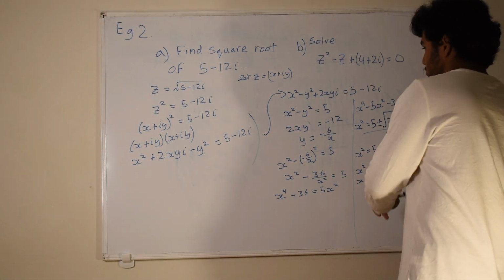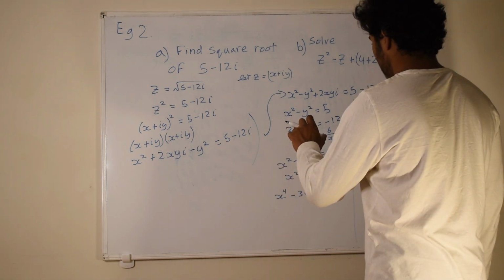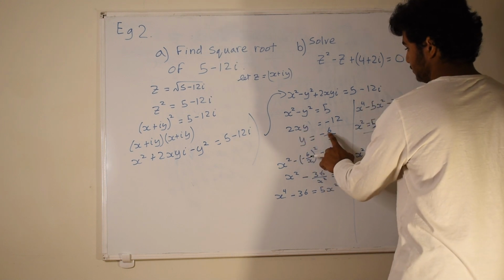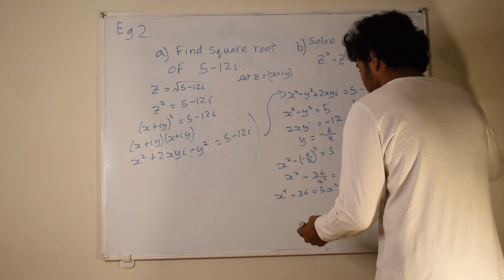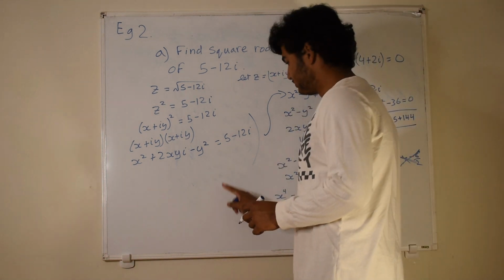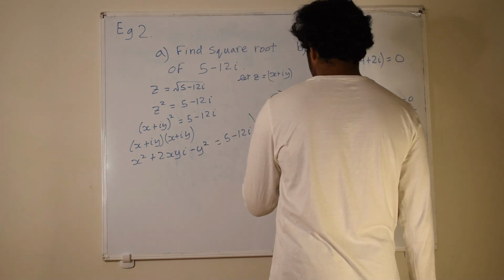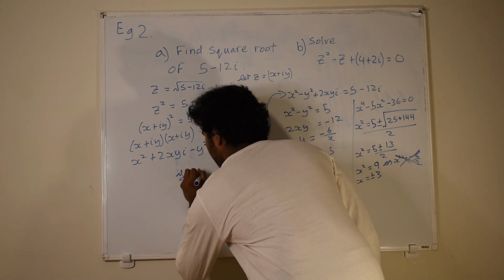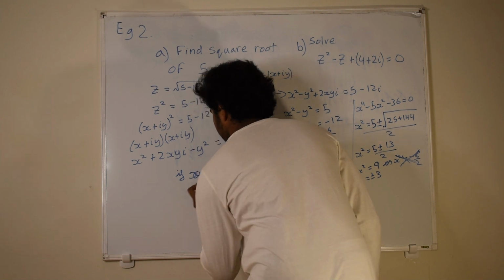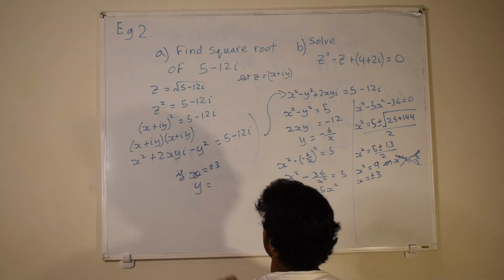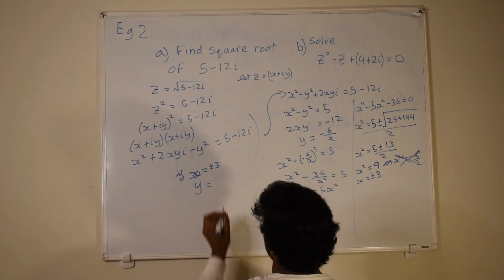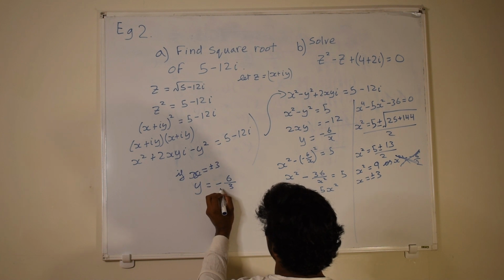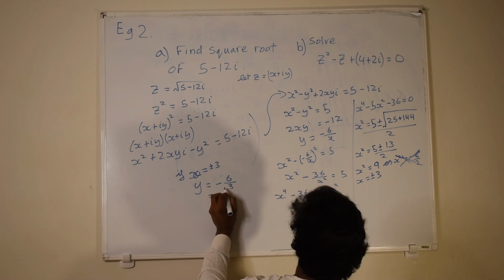Then we come back to this solution right here: y equals minus 6 upon x. So if x equals plus minus 3, then y equals minus 6 upon positive 3, which is minus 2.